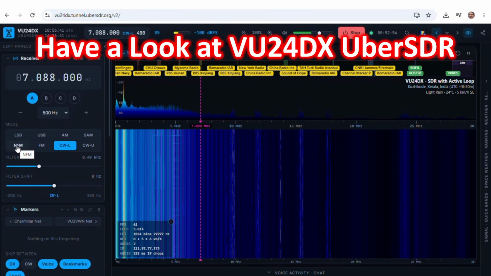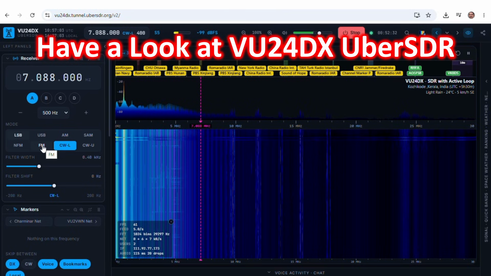Narrow band FM is enough for most of our amateur work. This FM may be used for broadcast stations, I think. But in amateur, there is one concept that narrow band FM can be 12.5 kilohertz bandwidth, while FM is 25 kilohertz bandwidth.